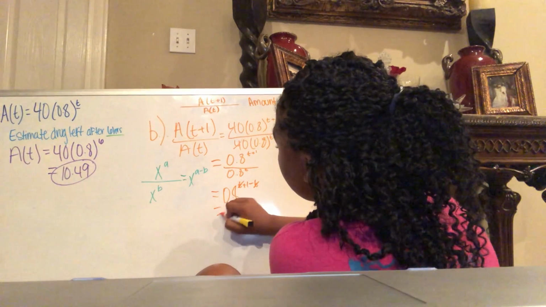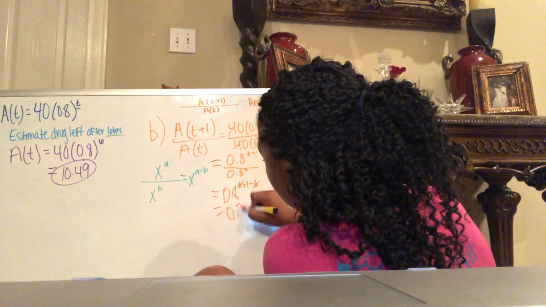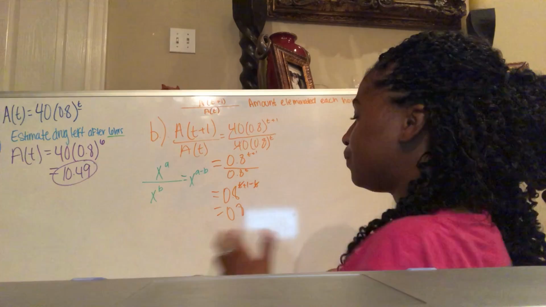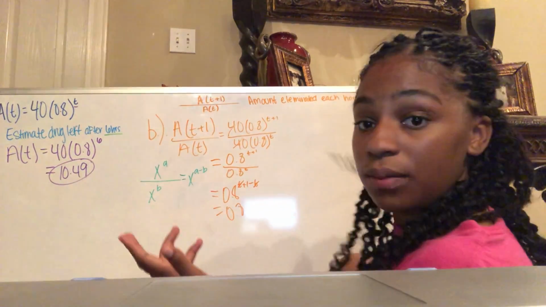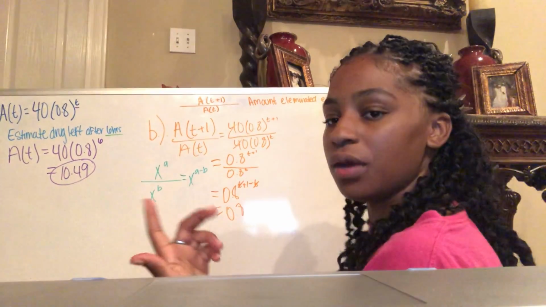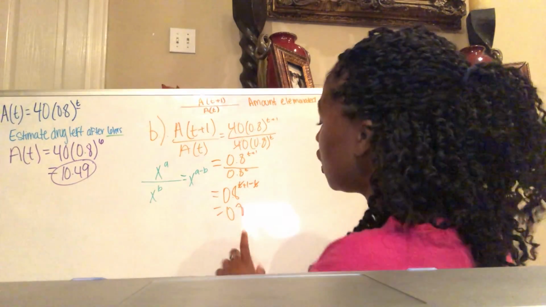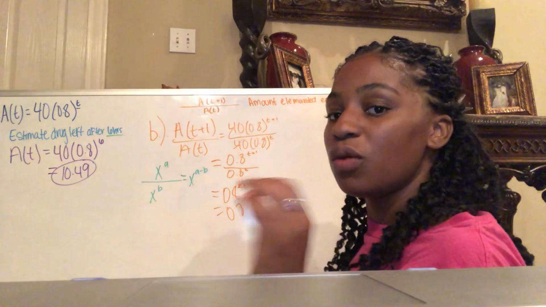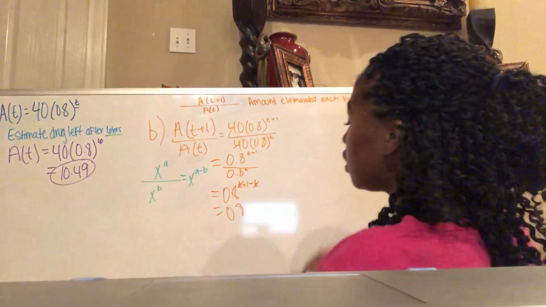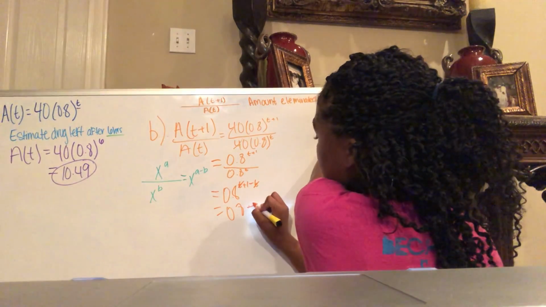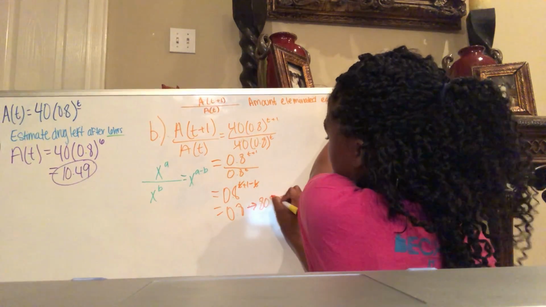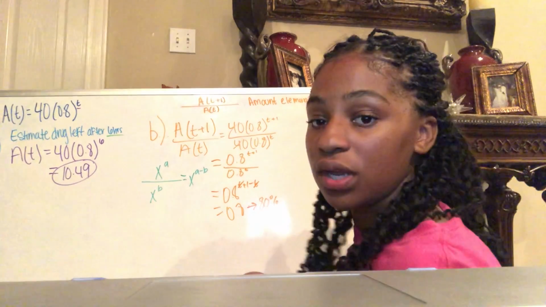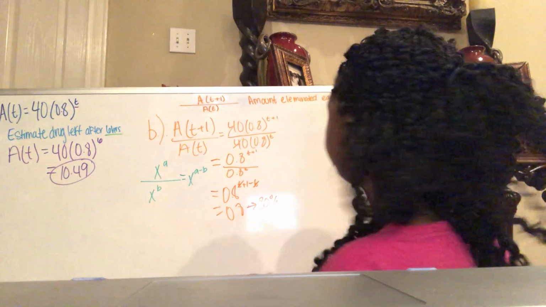So we're left with 0.8 to the first power, but anything to the first power is itself. So we still have 0.8, but remember it wants a percentage. So we change this to be 80%, because we know that 0.8 is 80%.